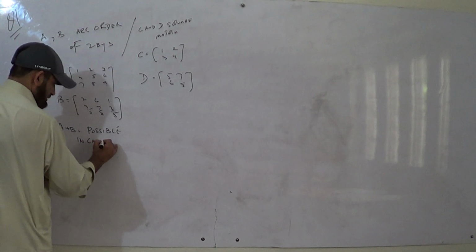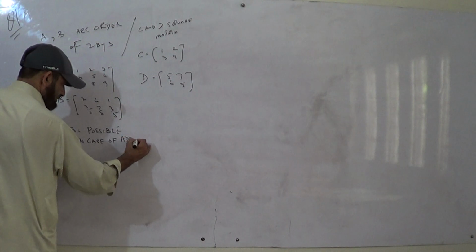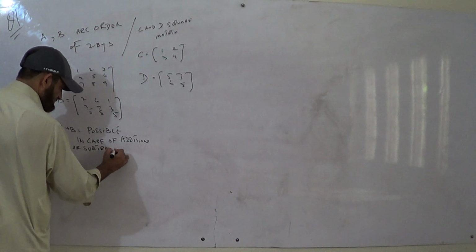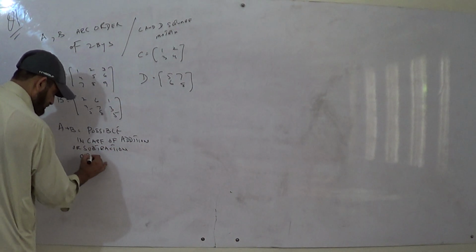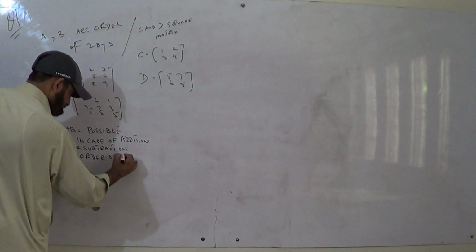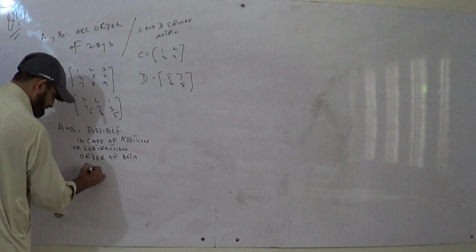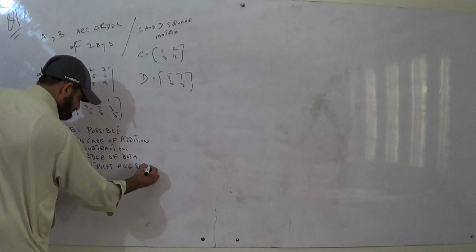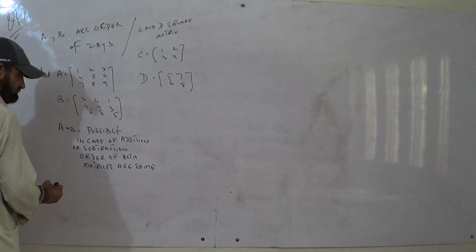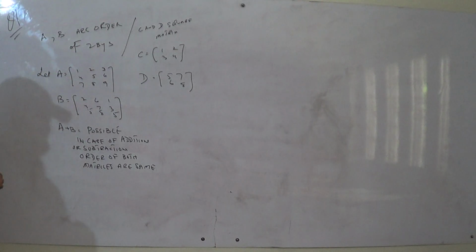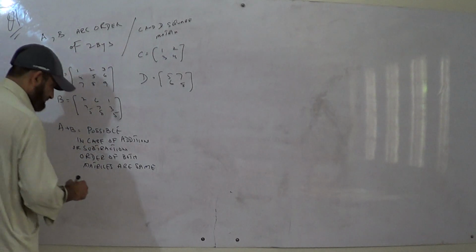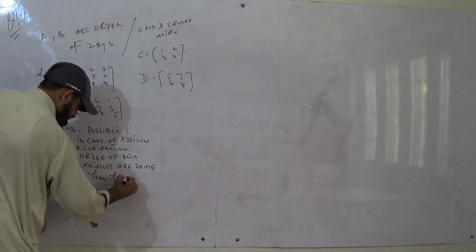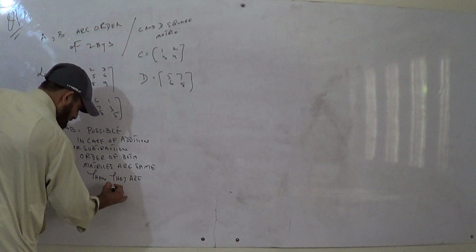Possible means, in case of addition or subtraction, the order of both matrices is the same, then they are possible.